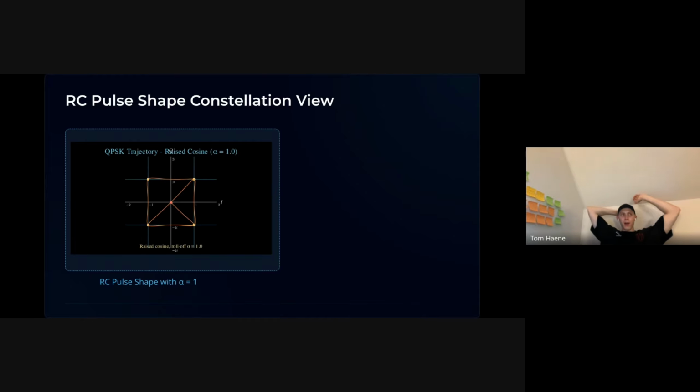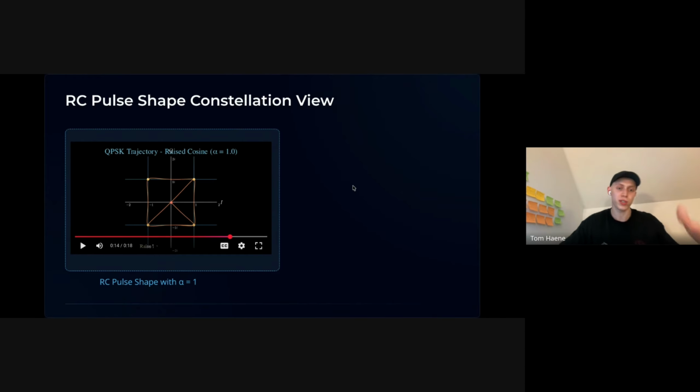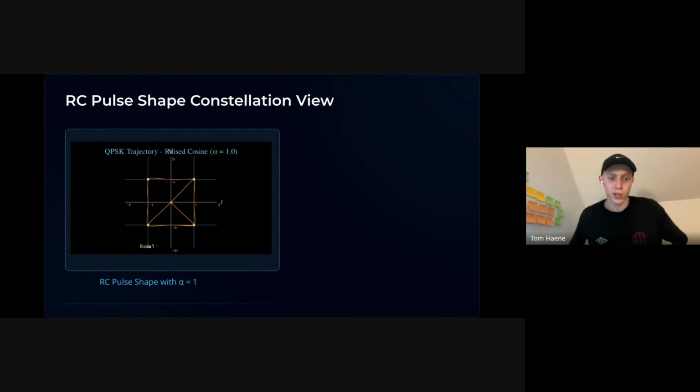So what have I just shown you? Let's start with the bandwidth perspective. The primary way to think about alpha is that it is called the excess bandwidth, so higher alpha means more bandwidth. What we should see from this plot is higher frequency components being baked in. Let's think about that intuitively.